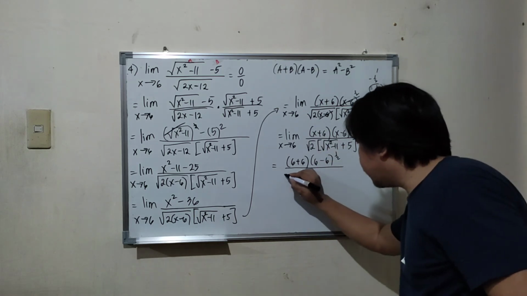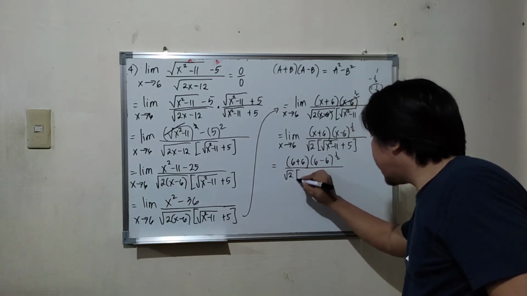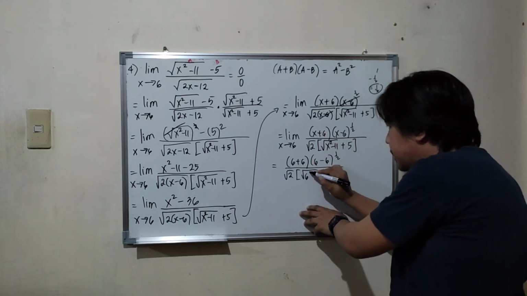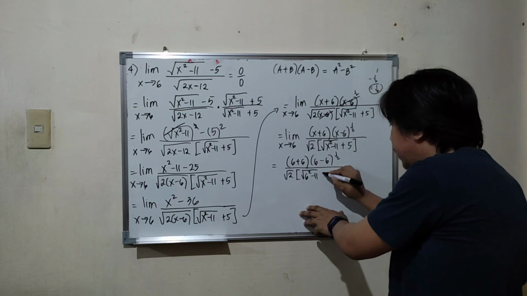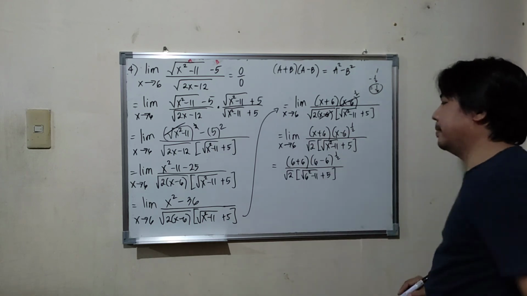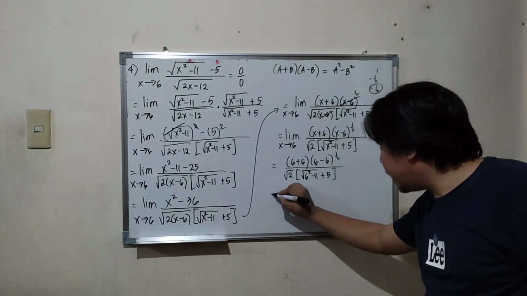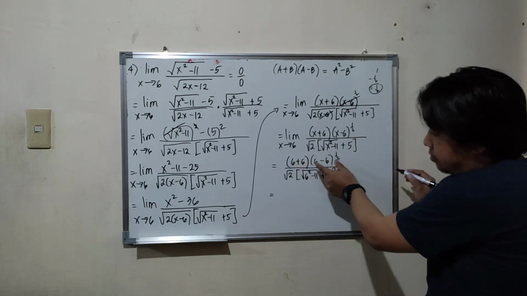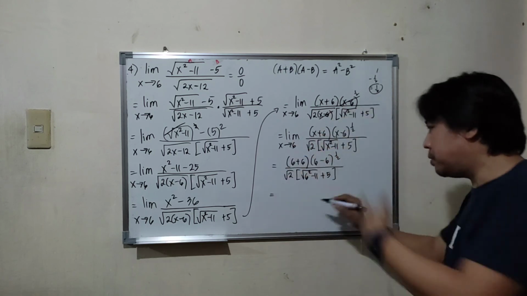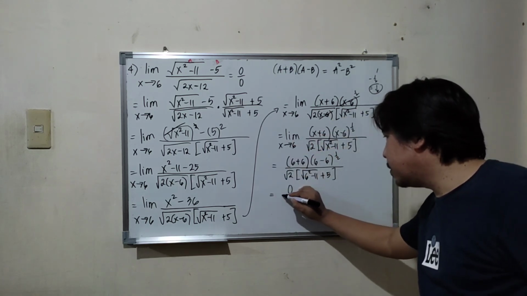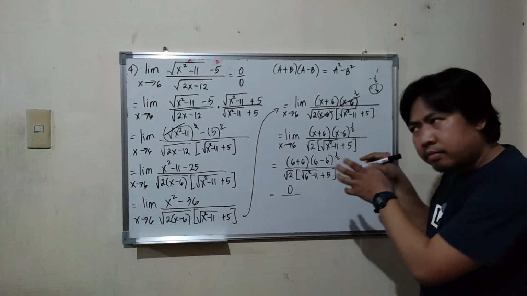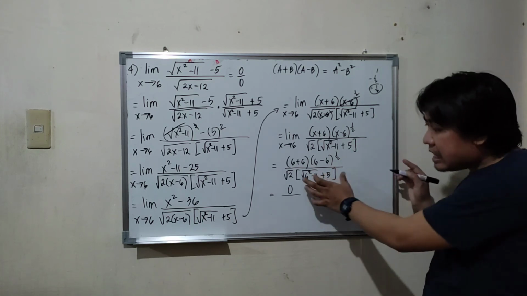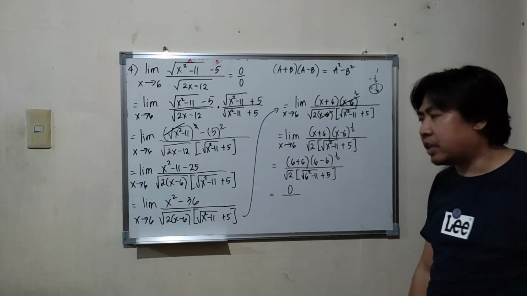So we have square root of 2 times square root of x squared, so that is 6 squared minus 11 plus 5. Okay, so the numerator is 0 because of this 6 minus 6, so that is 0 times 12, or 0 raised to 1/2 is still 0 times 12, so that is still 0. We just want to prove that the denominator is not 0 because if it is 0, it's indeterminate. So if it's not 0, then the answer is 0 because the numerator is 0.